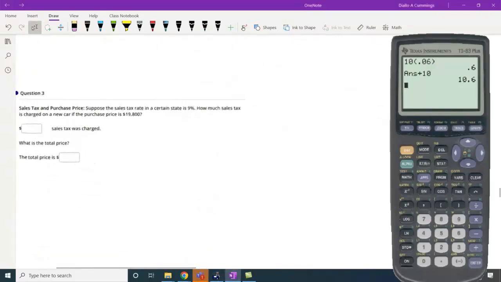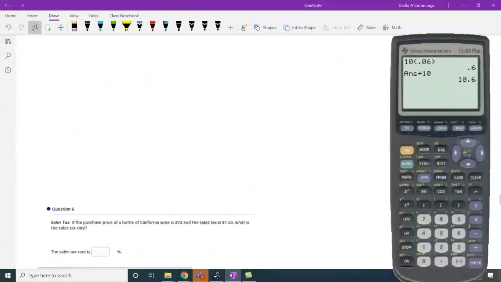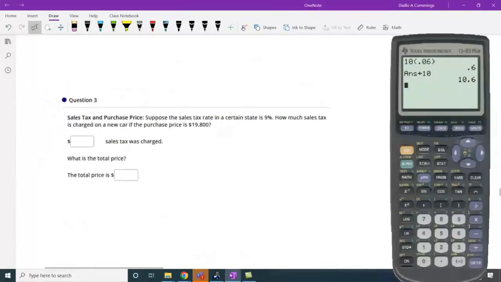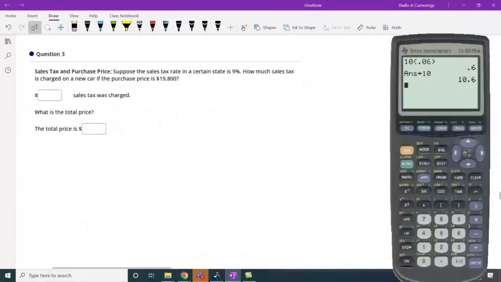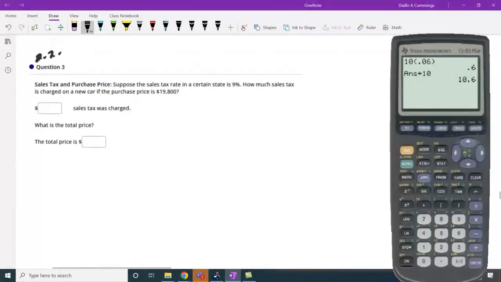All right, so now that we have the formulas, let's take a look at the problems. So this is 2.2, number 3. Okay, so this is sales tax and purchase price.